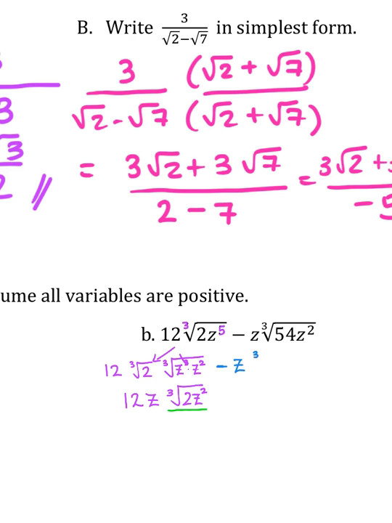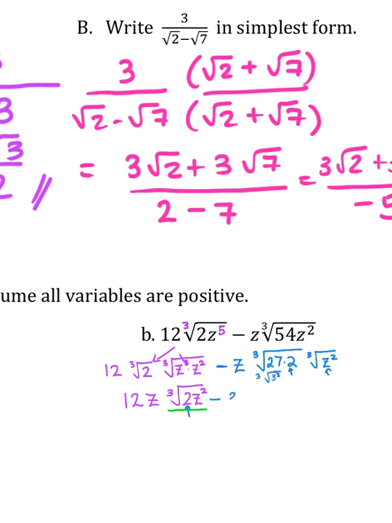We have the cubed root of 54. Remember, 54 is 27 times 2. There's also this clue here that we expect there to be a cubed root of 2 in there somewhere. And then we also still have the cubed root of z squared. So here's going to be that common root. And the cubed root of 27, because remember this is the cubed root of 3 cubed, will come out as 3.